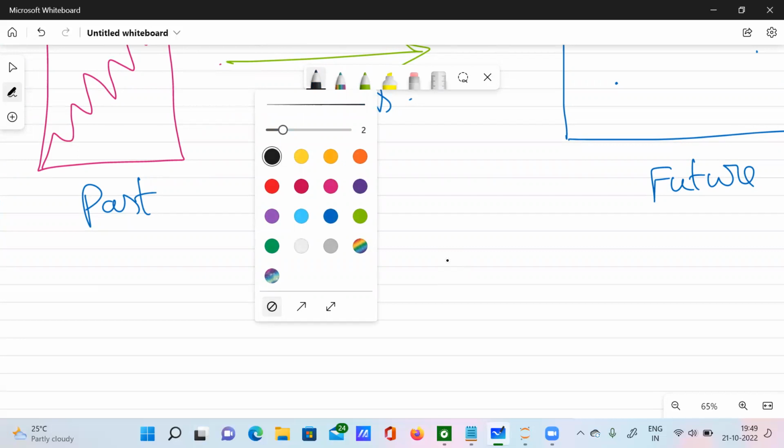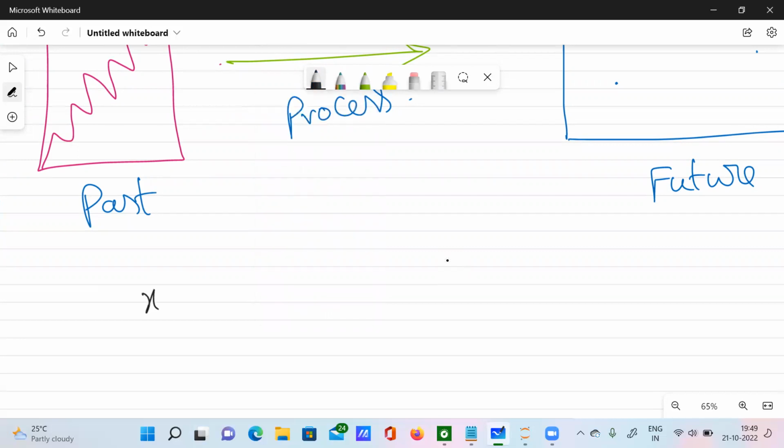For example, if you say the past is nothing but an x and the future is nothing but a y, it will just undergo from past to the future through a process, which is nothing but a function. So what is meant by this? This is nothing but the input. This is nothing but the output. And this is nothing but the process.